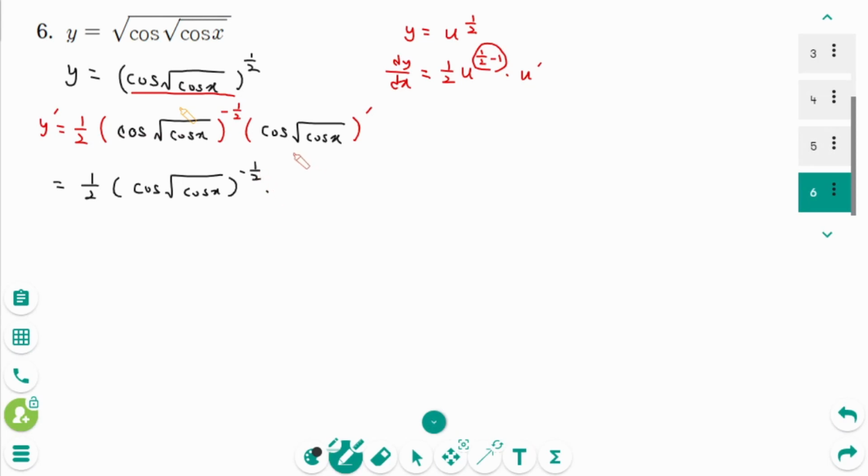Now u equals square root of cosine x, so d dx cosine u equals minus sine u times u prime.